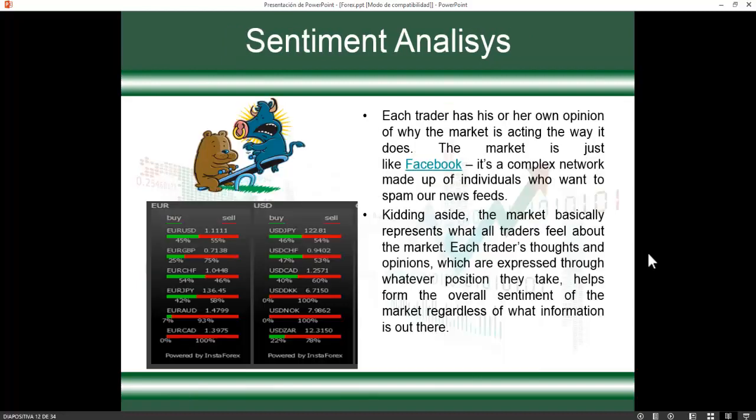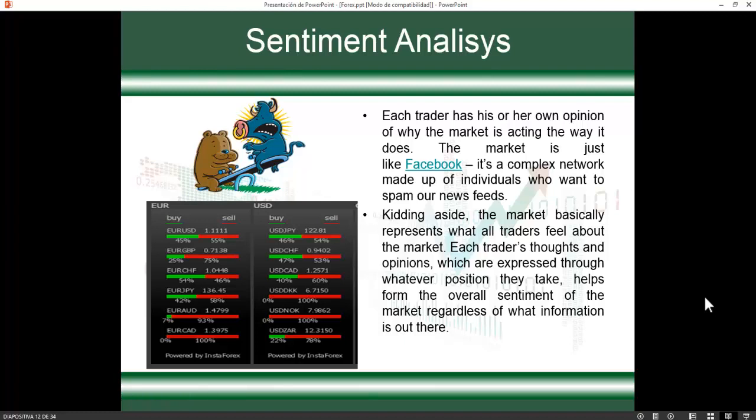Okay, so that's fundamentals. Let's look at sentiment analysis, and this is a bit tricky to get, because to fully understand sentiment, you would probably need to be subscribed to every single broker, and you would probably have to be using a lot of social networking and have a lot of friends that trade.